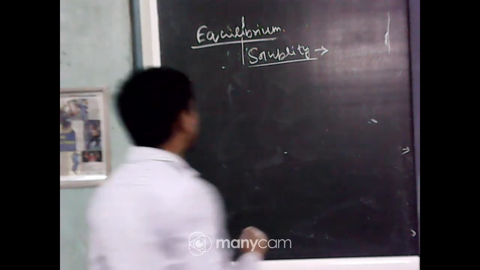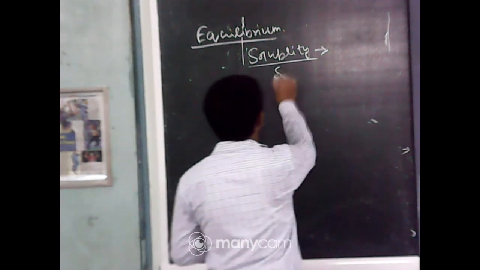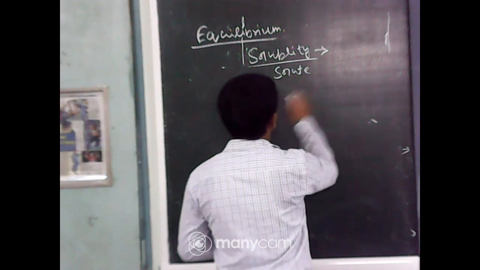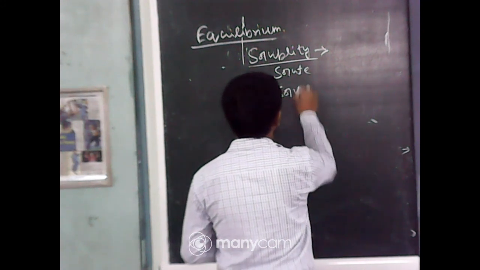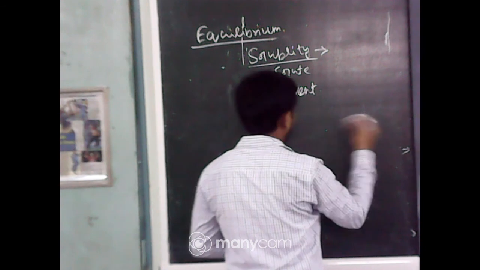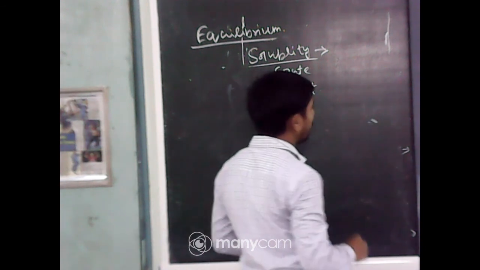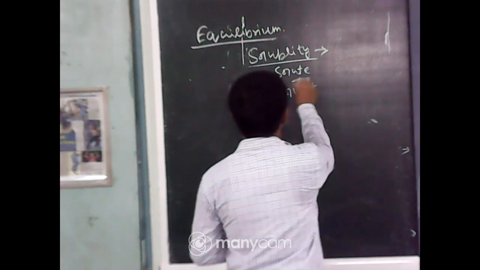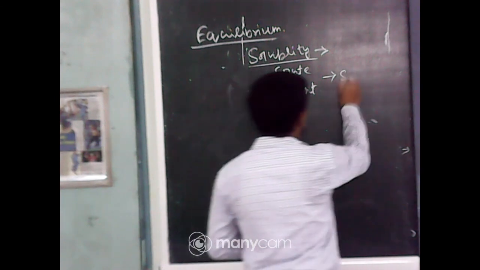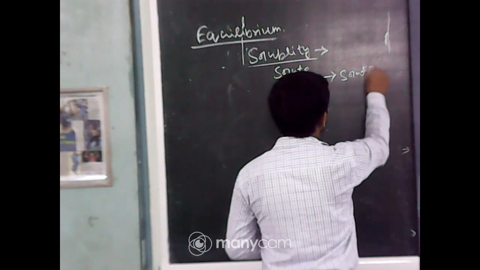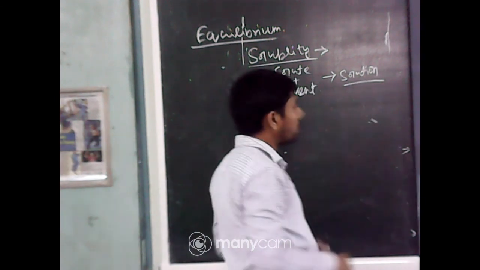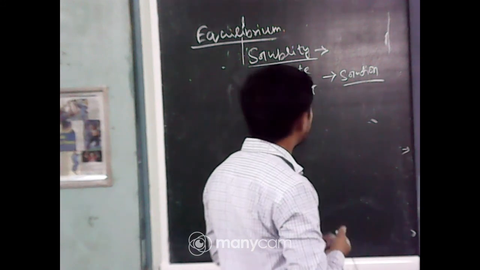The substance which we want to dissolve is called the solute, and the liquid in which we want to dissolve it is called the solvent, and the combination of these is called the solution. So, solution is solute plus solvent.